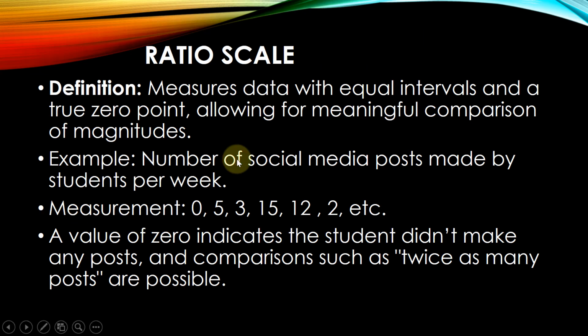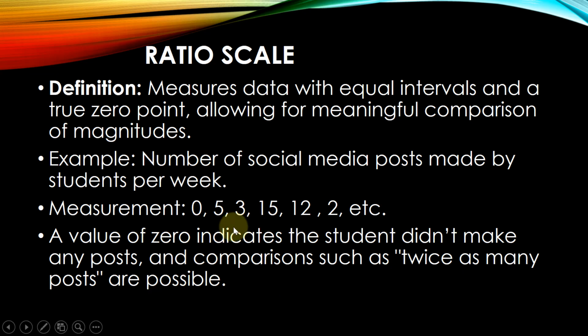The next is the ratio scale. Ratio scale measures the data with equal intervals and a true zero point, allowing meaningful comparison of magnitudes. For example, if you ask the number of social media posts made by the students per week, and if their responses are 0 posts, 5 posts, 3 posts, 15, 12, or 2, etc., a value of 0 indicates that the student did not make any posts. 0 means absence of that particular phenomenon. And comparisons such as twice as many posts are possible.